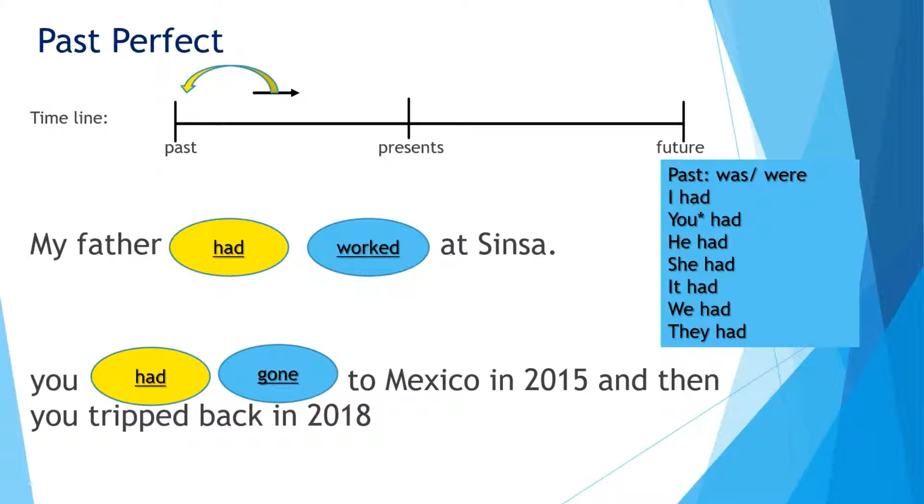Entonces, así es como usamos el pasado perfecto, ¿ok? Nuevamente, una acción que ocurrió en un pasado anterior, con anterioridad, ¿ok? Y queremos linkearla con otra acción que pasó o que ocurrió en un pasado tal vez un poco más cercano.